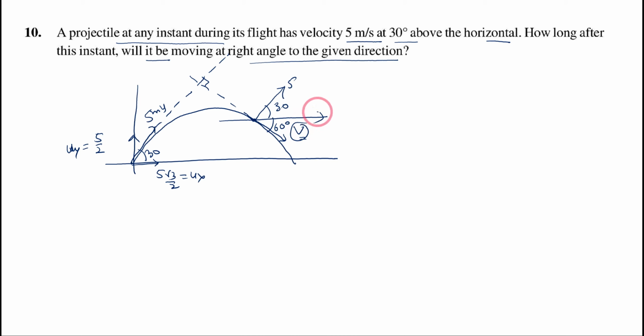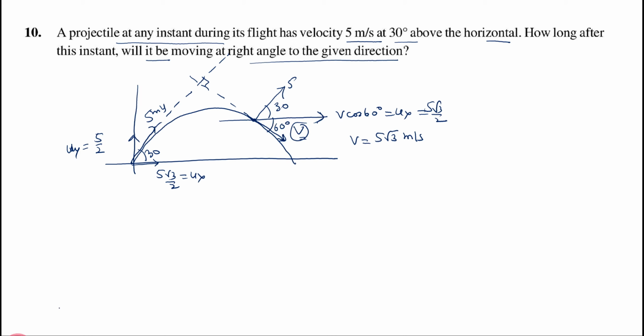So this velocity component on the x-axis is v cos 60, which must be equal to the x-axis component, which is 5 root 3 upon 2. So on solving this we get 5 root 3 meter per second. So the velocity at this moment is 5 root 3 meter per second in this direction.